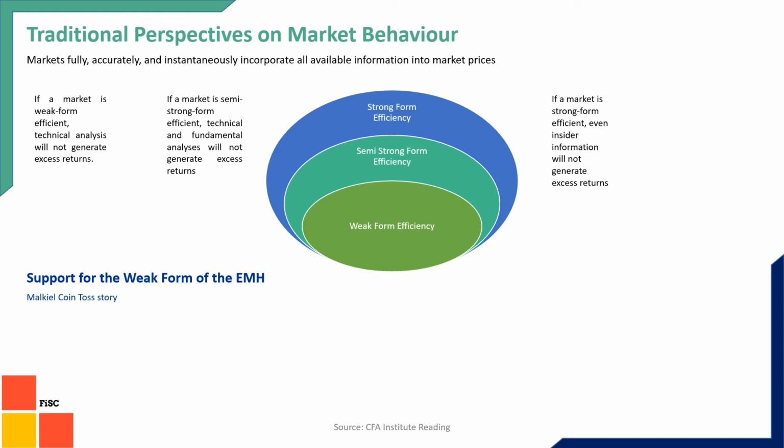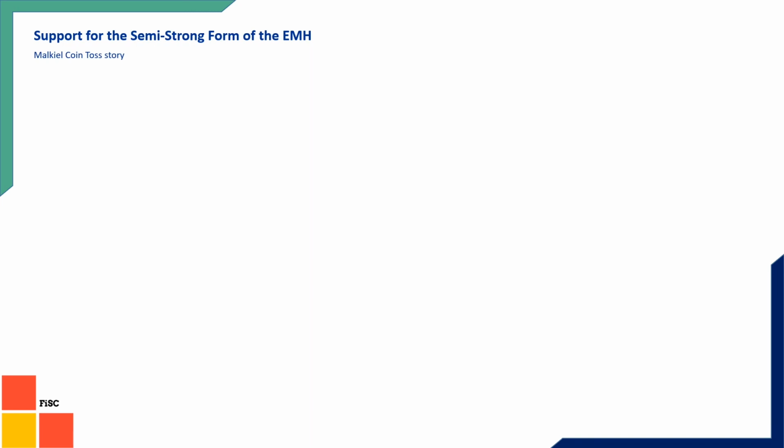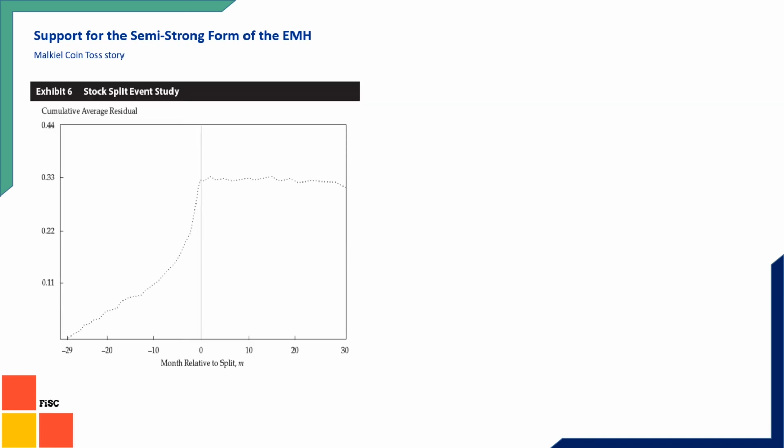That means technical analysis, technical information, doesn't really explain what the next price could be. There is also some support for semi-strong form efficiency. One example is the stock split event, where you will see that when the announcement is made, the stock prices start moving up, but after the stock split, the price remains constant.